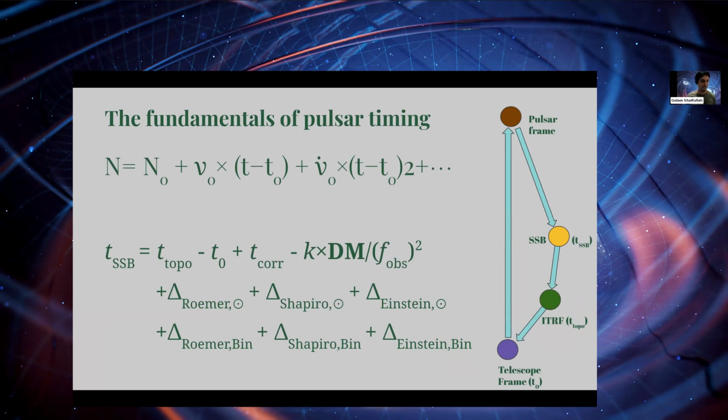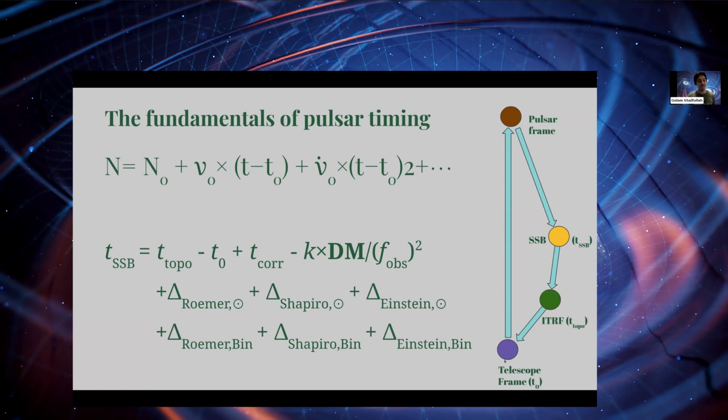Very quick primer. I promise these are the only 2 equations I put up. You don't even have to worry about the equation on the left. Just look at the picture on the right. All we are trying to do in pulsar timing is to measure the time of arrival of a group of photons making up a pulse, and then translate it back to an inertial reference frame, which is what the equation below basically is telling us.